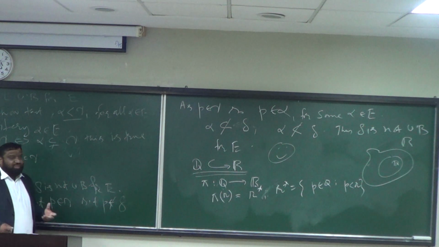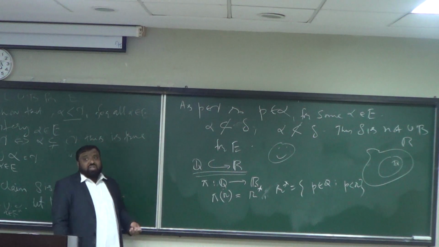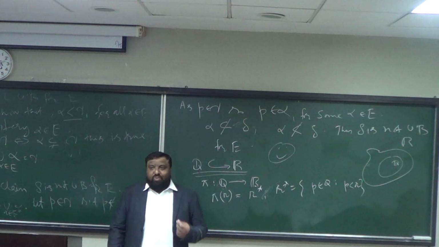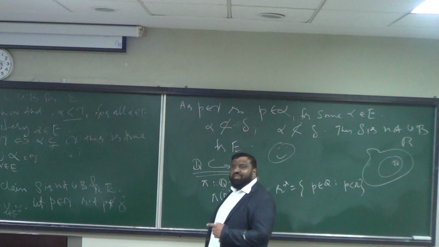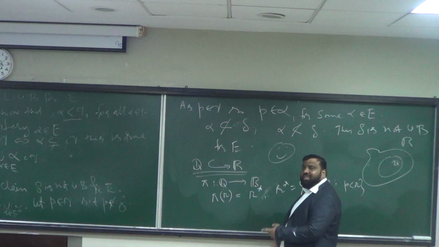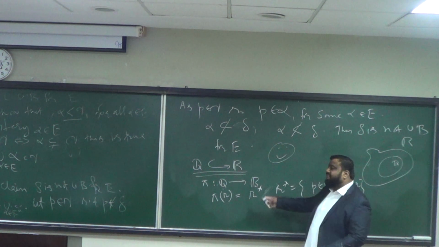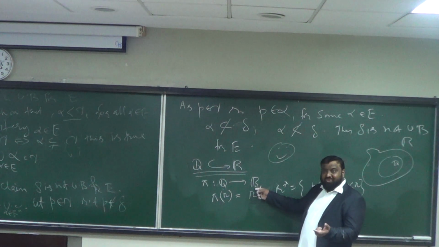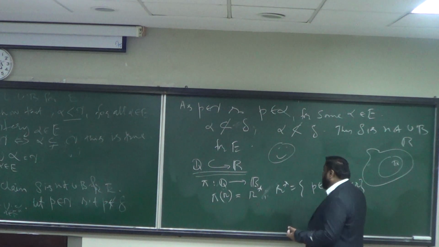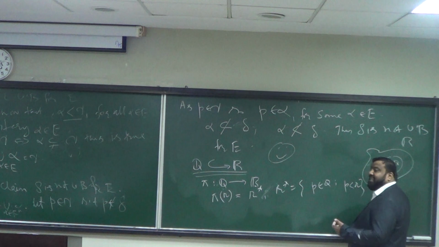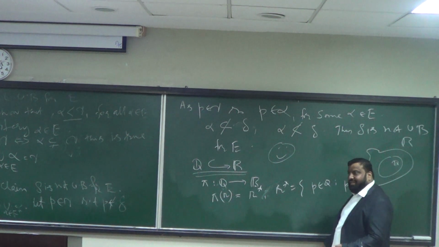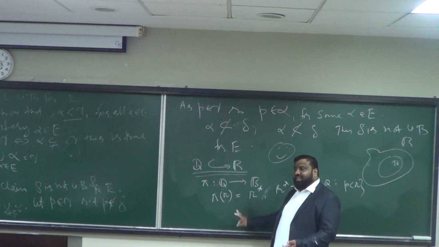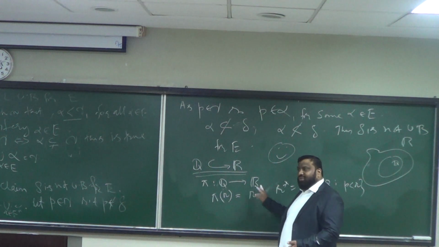First, I told you this, but you need to tell me precisely. We need to prove that for every element in Q, there must be an element in R, which should be a cut. And that cut must be unique. So you can't have one r related to two elements in R.